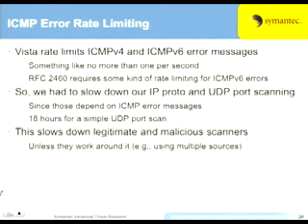If you can't do two probes, you'd at most get one unreachable message back. And this meant it took us 18 hours to do a simple port scan over all ports. So this will slow down legitimate and malicious scanners unless there's some way to work around it, such as using multiple sources, say.